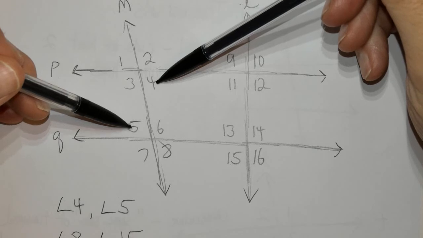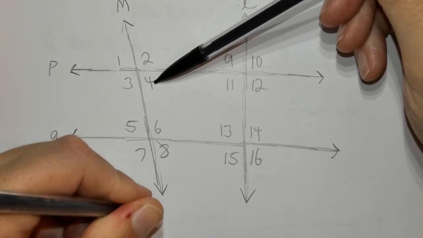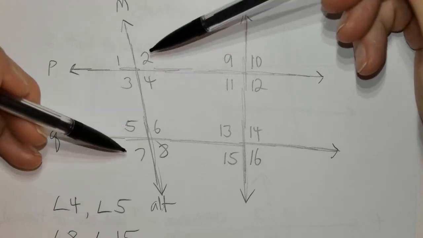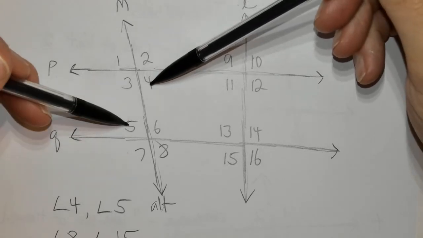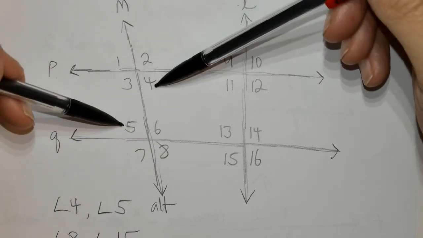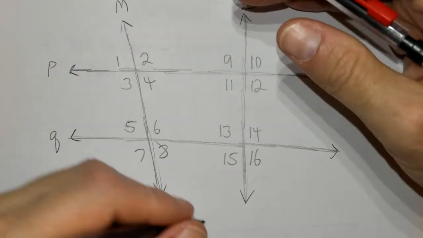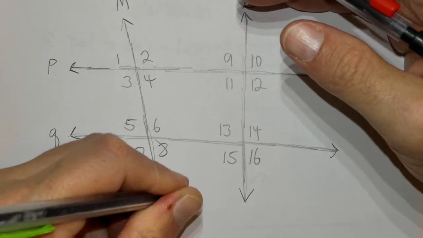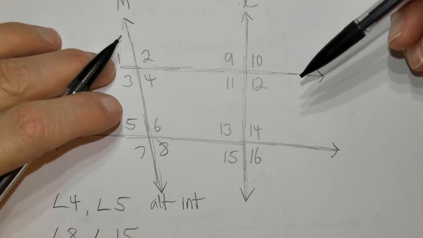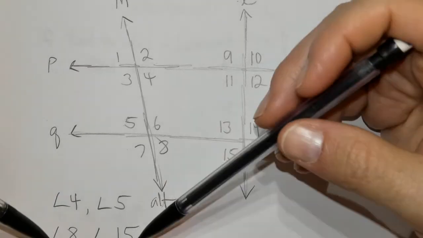That would be alternate, so it's going to be alternate something. We know that. Okay, now are they interior angles or exterior angles? Are they inside the cut lines or are they outside the cut lines? Well, in this case, 5 and 4 are inside the cut lines, so that makes them alternate interior angles. Alternate interior angles.